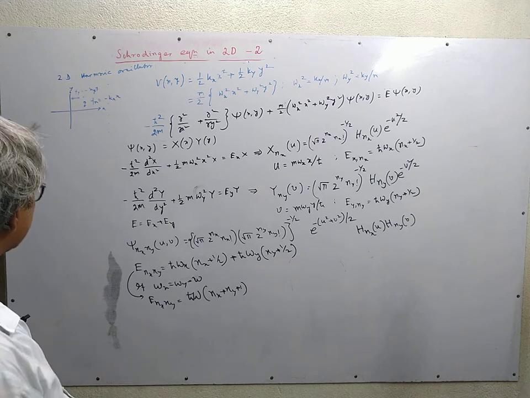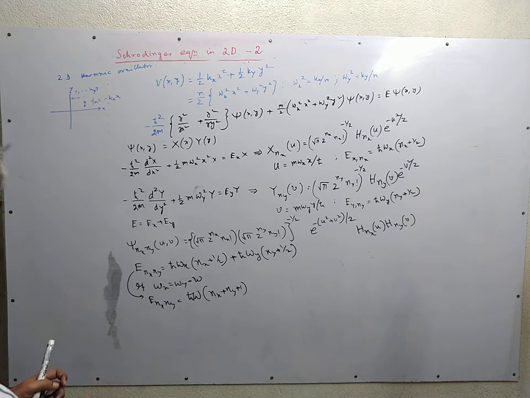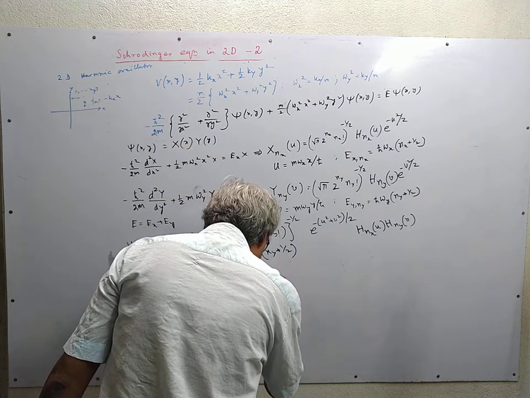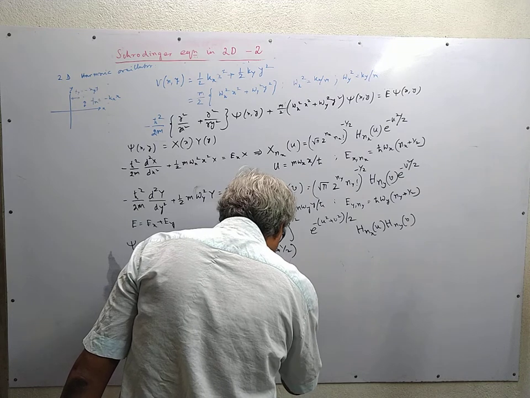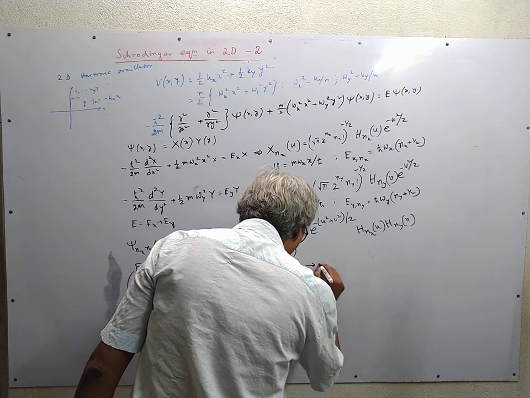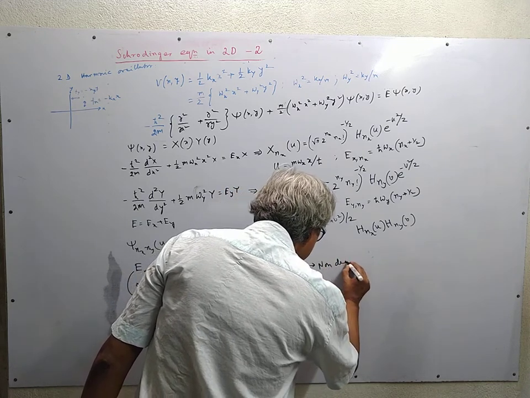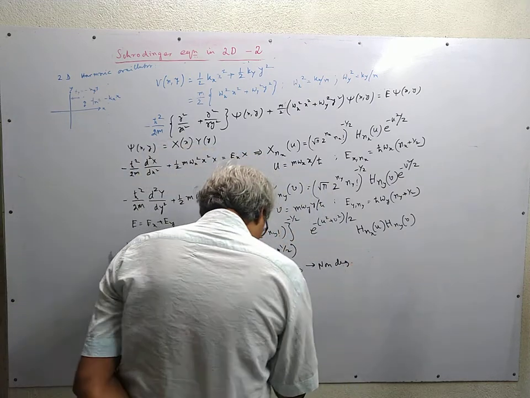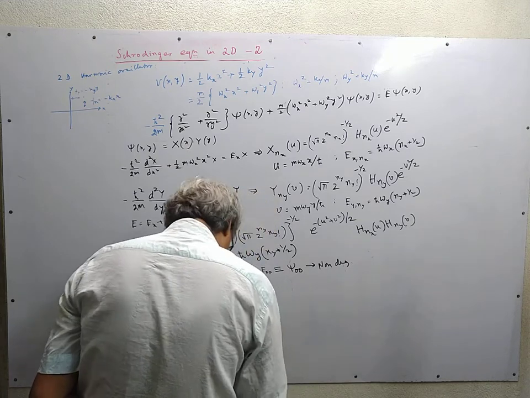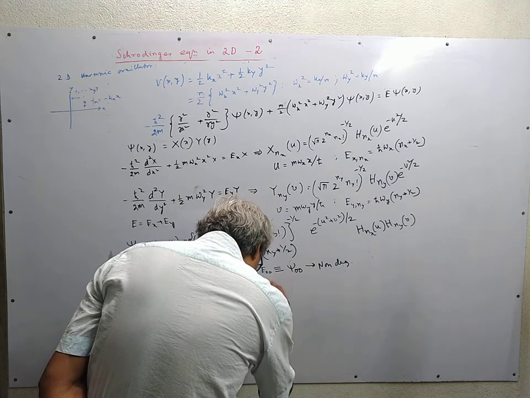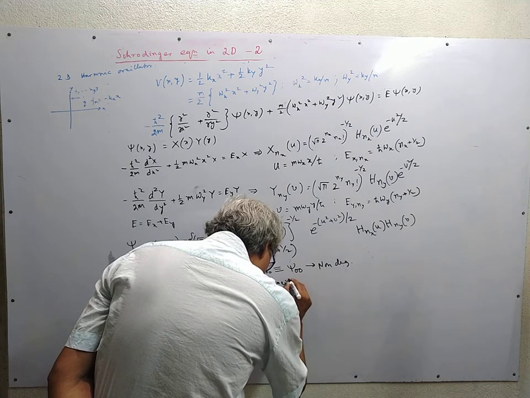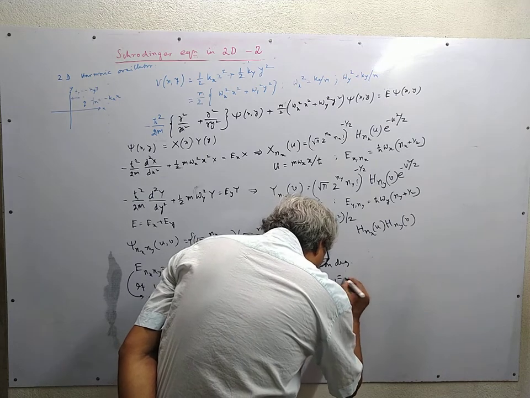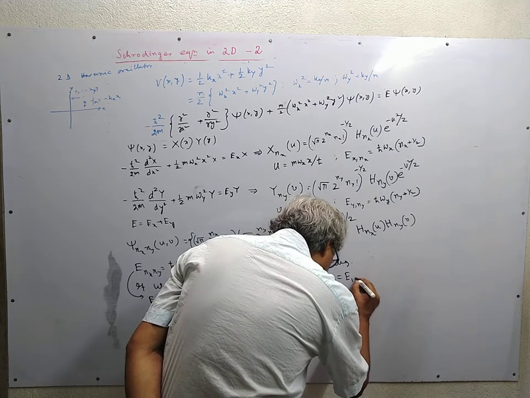Now consider the ground state. The ground state is E00, and the corresponding wave state is psi 00, non-degenerate. The first excited states have the energy E equal to E01 or E10.